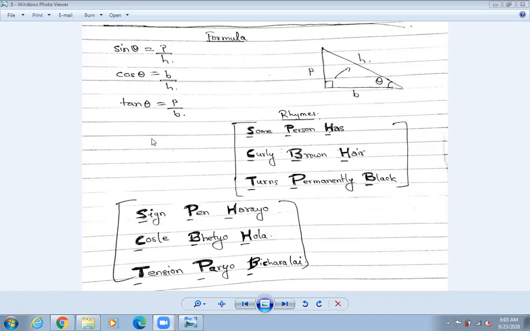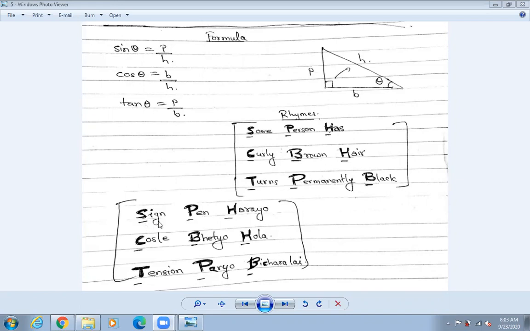Maybe the next teacher has already taught you, otherwise we can go by the Nepali version also. There is a Nepali version rhyme also, taught by my student in previous days. This is a little bit comedy.